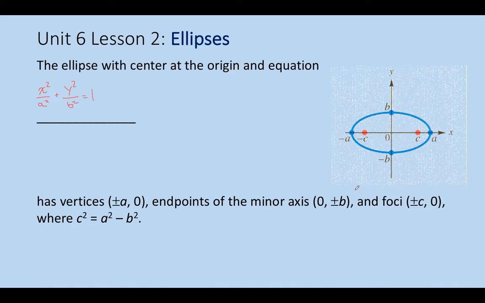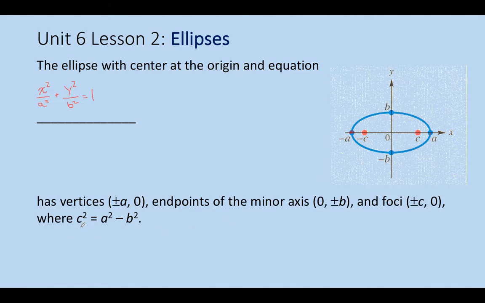I think we can just leave it at that. We don't have to write multiple equations. All right, so vertices, positive a, negative a, 0. Endpoints on the minor axis, okay, all right, we've got that. And then the foci are at positive, negative c, 0. And of course, they'd be on the vertical axis if we had one of those vertical ellipses.